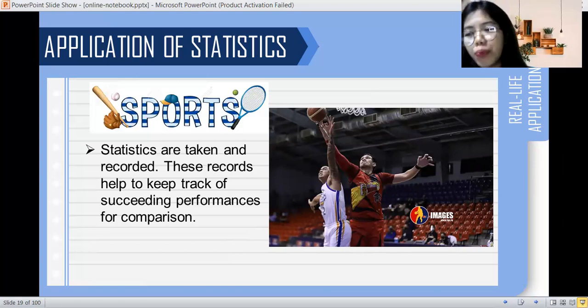May statistics has it. So, nakakatulong yung statistics to identify the winner of the games based on the recorded scores and also ma-identify din yung mga kung sino yung MVP. Ganun po yung example ng application ng statistics sa field ng sports.